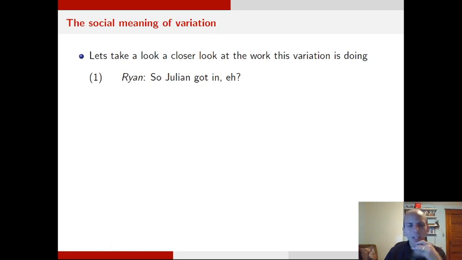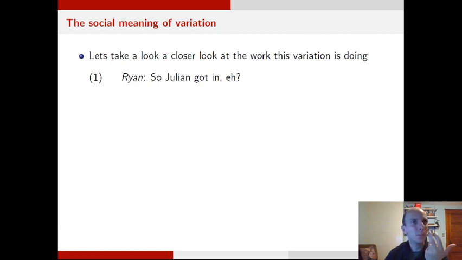This is hypothetical. So imagine in this hypothetical world, the speaker, Ryan, says the following utterance. So, Julian got in, eh? That's what he said. And we want to think about what sort of meaning we get from that utterance, right? What did you take away from that utterance?